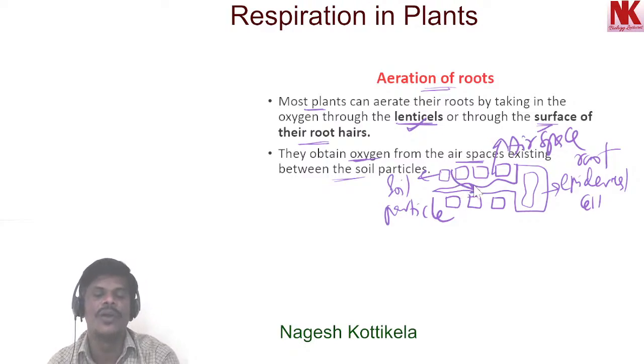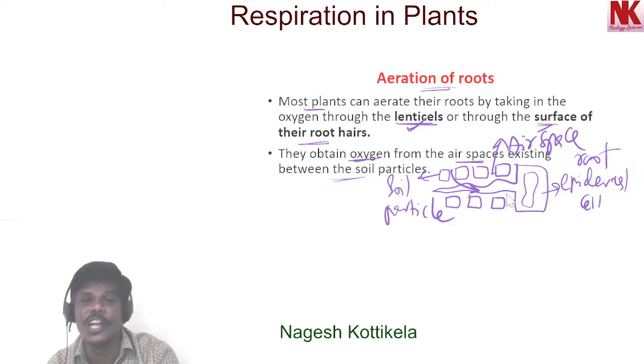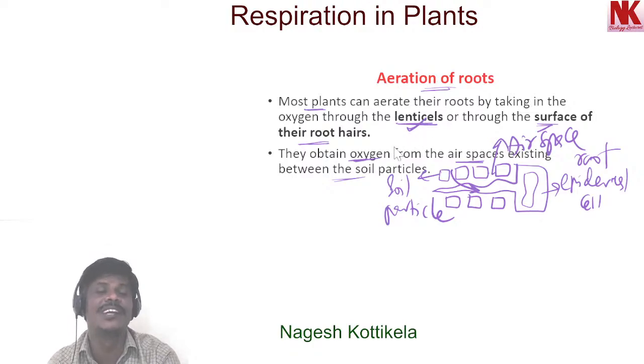This is how oxygen molecules diffuse from higher concentration to lower concentration into the cell. So this is how most plants can aerate their roots. They are supplying oxygen by this mechanism, and obviously this is a diffusion mechanism.